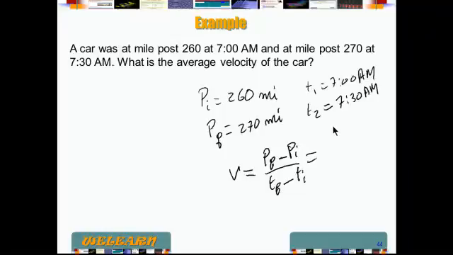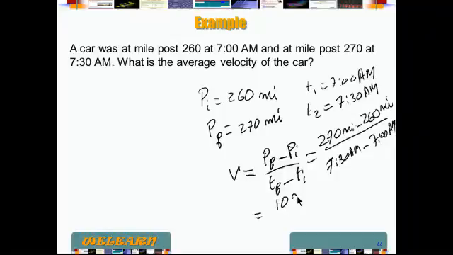So that's going to be 270 miles minus 260 miles over 7:30 a.m. minus 7 a.m. So this is going to be 10 miles over 0.5 hours, 30 minutes or 0.5 hours.